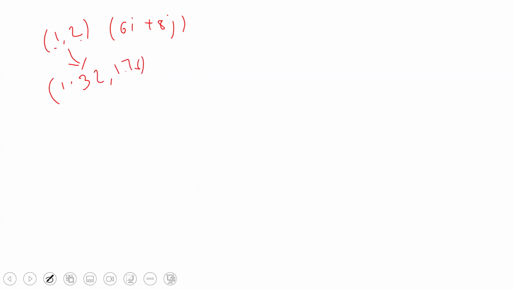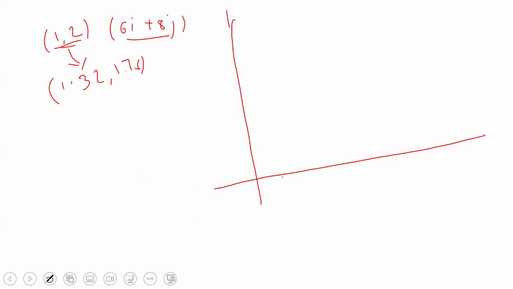You can draw this to understand it. On one axis we mark 1, 2, 3, 4, 5, 6, 7, 8, and on the other axis also 1, 2, 3, 4, 5, 6, 7, and 8.